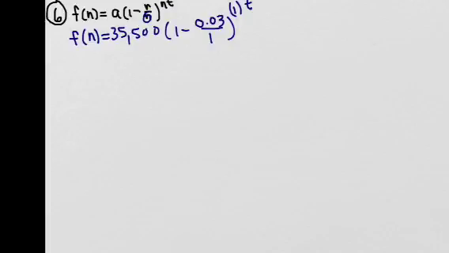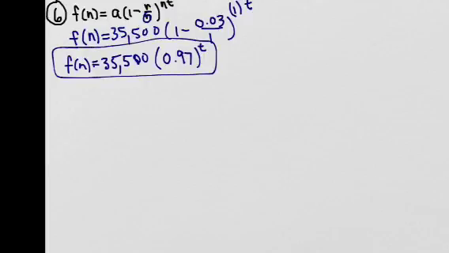So this would be the function right here: f of n equals 35,500 times 0.97 to the t. Notice the one in the denominator and the one in the exponent is gone, because when you simplify, you end up with what I have in this last line. So this is the function f of n representing the population in this town.